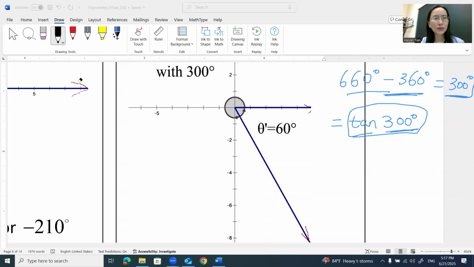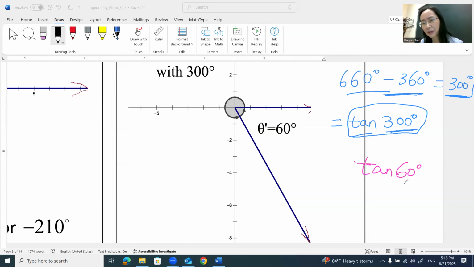So now we are going to use its reference angle. So instead of tangent 300 degrees, we use tangent 60 degrees. So I write tangent, the reference angle.